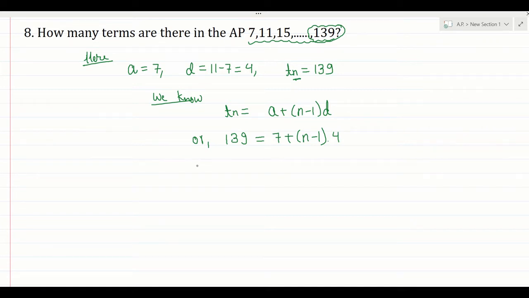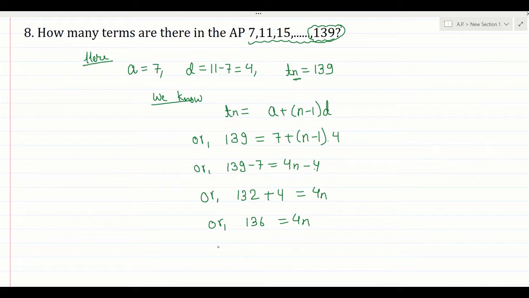Let's simplify this one. It is 139 minus 7 is equal to 4n minus 4. Or it is 132. Isn't this? And this minus 4 will come to left hand side to become plus 4 is equal to 4n. Or it is 136 equal to 4n.